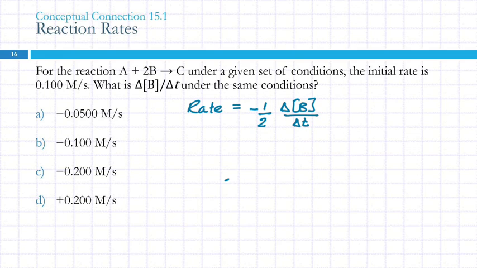So we actually divide by 2 instead of multiply by 2, and that's something that I would just write out the equation because I'd probably get it backwards on an exam myself. So just write it out. And so the rate is 0.1.